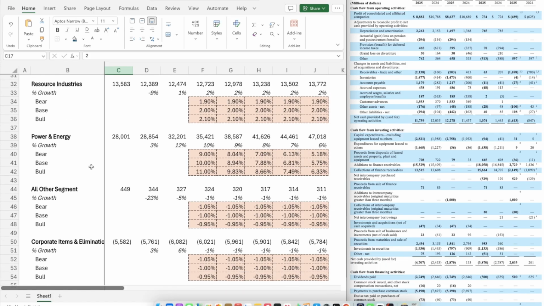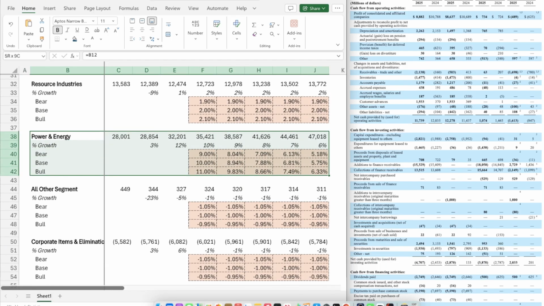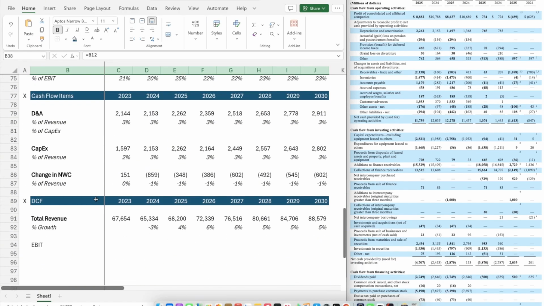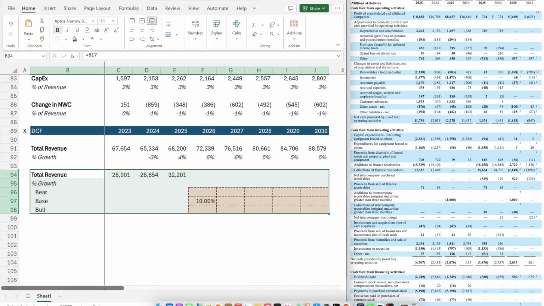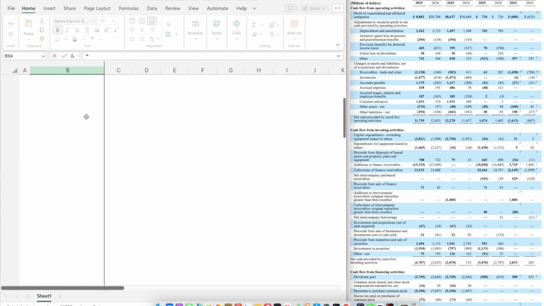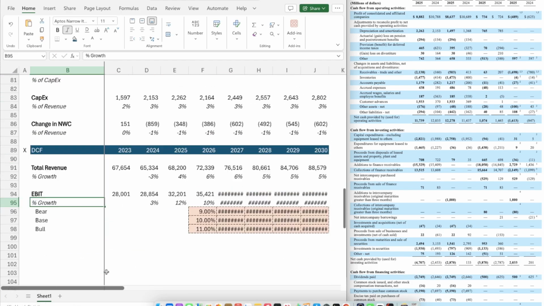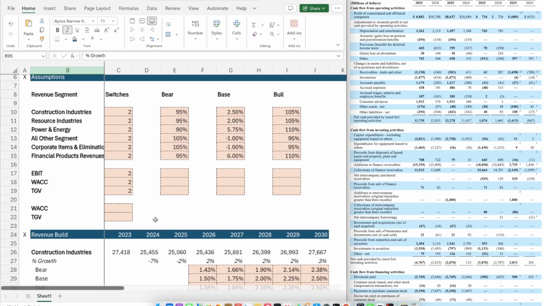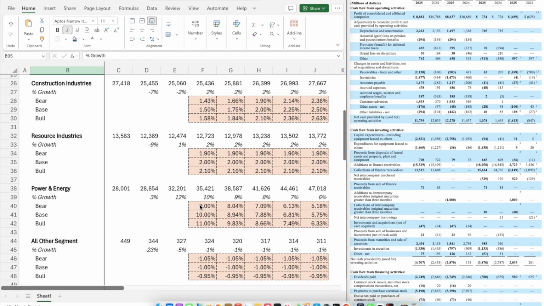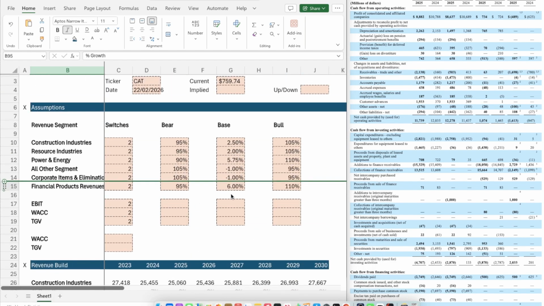So take this one. That B17. Eventually, let's say that the EBIT margin, what is it now? It's 15-ish%. Let's say it goes to 17.